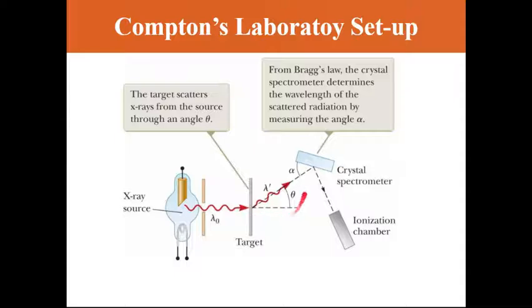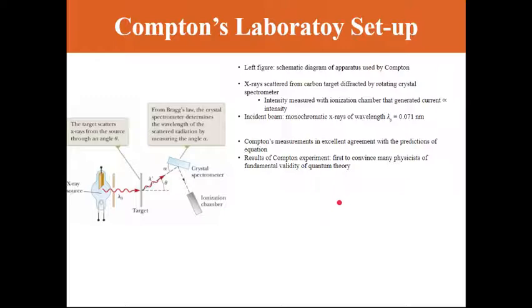And then with combining it with a crystal spectrometer and ionization chamber, you can get an idea of the X-ray's wavelength after scattering. And with the right setup, you can make it so you're only collecting scattered X-rays at a certain angle. So you have an assurance of what the scattering angle is based on how you set up the spectrometer and the chamber.